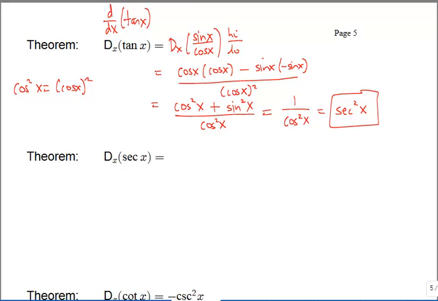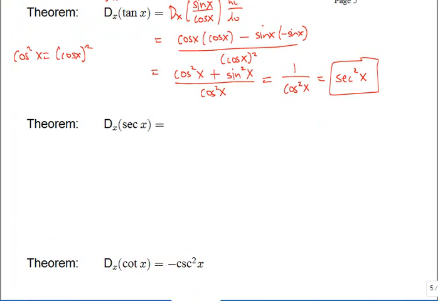Okay? So if we take a look at the derivative of secant x next, let's derive that. We're going to do something similar. We're going to change secant of x into its reciprocal function 1 over cosine x. And then I'm going to apply my quotient rule to that quotient. So my high is the 1 and my low is the cosine.